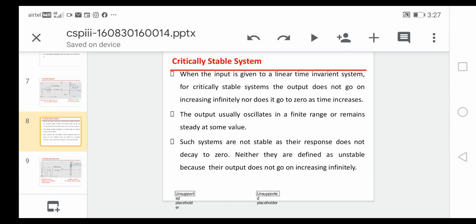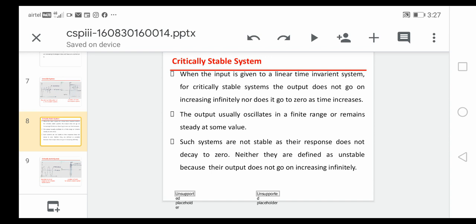Critically stable system: when the system has poles on the imaginary axis, that particular type of system we call critically stable. When the input is given to a linear time invariant system, the output does not go on increasing infinitely, nor does it go to zero as the time increases.